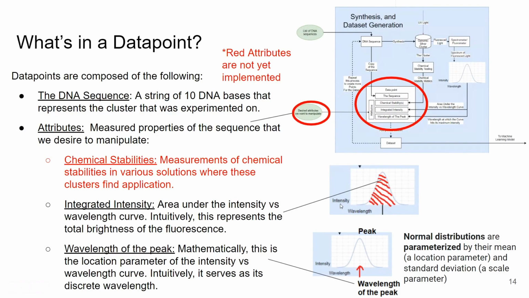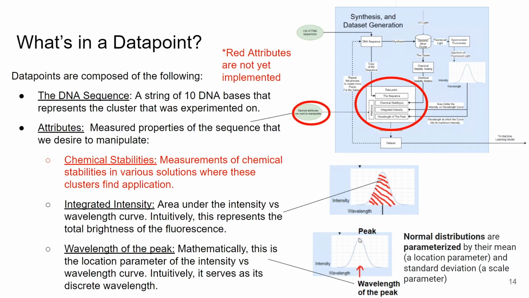So these diagrams basically just show off what these properties actually are. So when you get the fluorescent light back, you get the intensity versus wavelength curve from the fluorometer. And to get the integrated intensity, we get the area under the curve. To find the wavelength of the peak, it is literally just the argmax of the function. It's the wavelength at which this curve reaches maximum intensity, right?